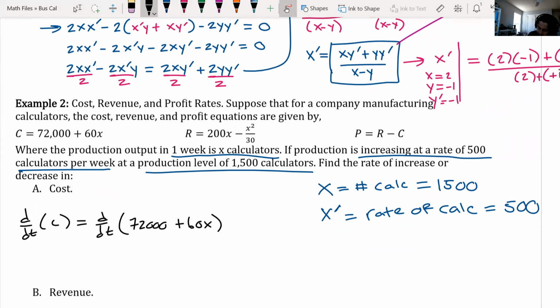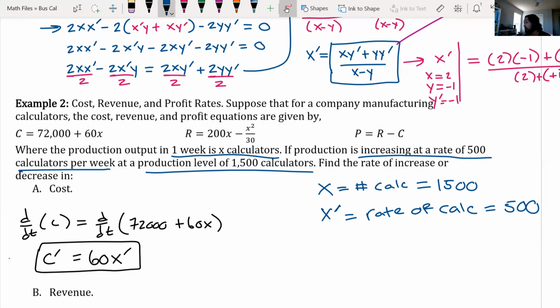Now the derivative of C with respect to time is, guess what? C prime. And the derivative of 72,000 is 0. And the derivative of 60x with respect to time is 60x prime. There's the derivative for the cost function.